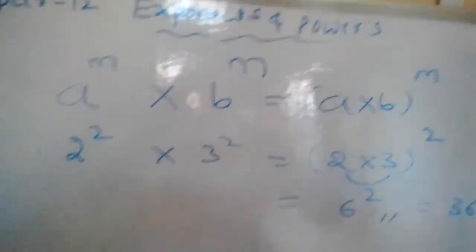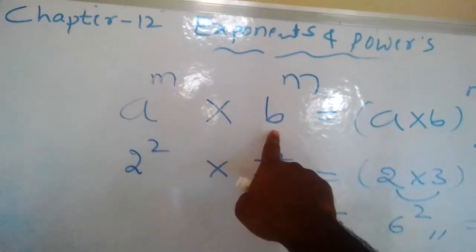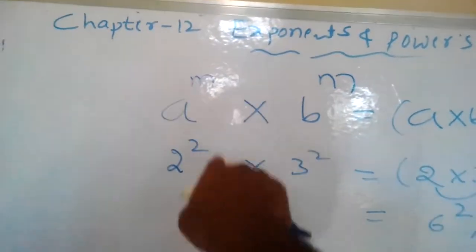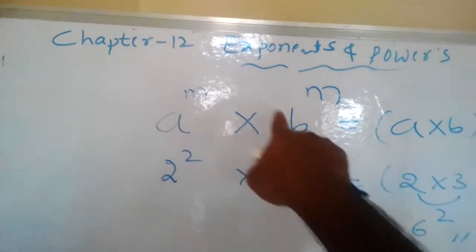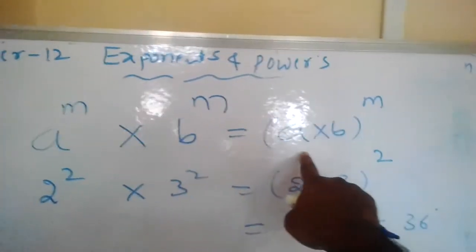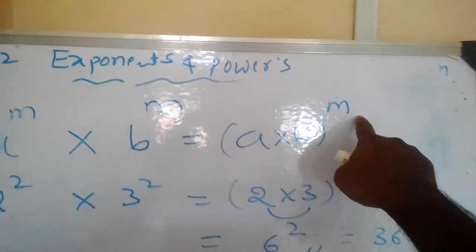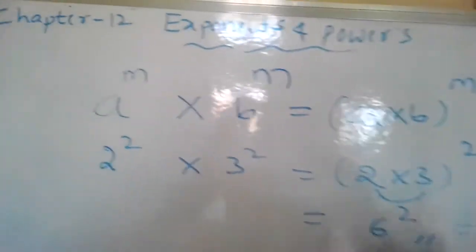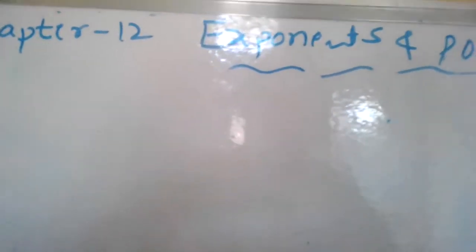Okay, in the first law the bases are the same and powers are different, but in this case the bases are different and powers are the same. That's why multiply the bases and keep the power as it is in this case. Okay, next one, law number 6.